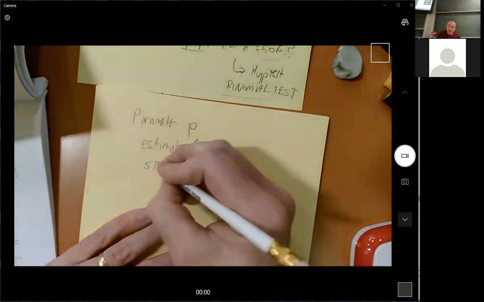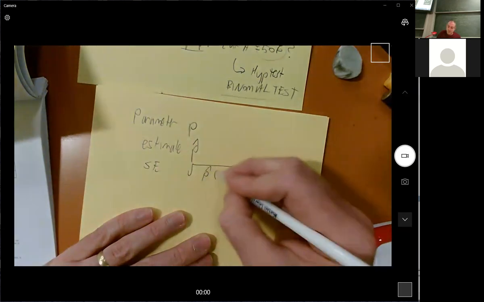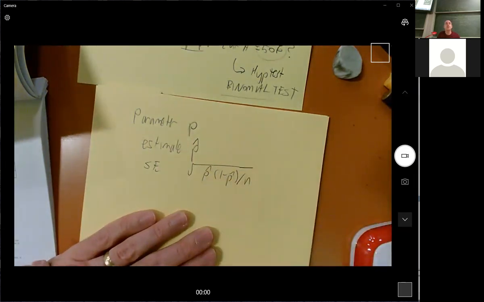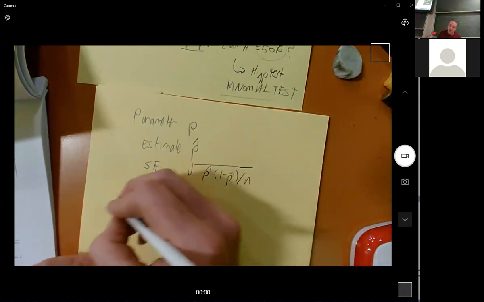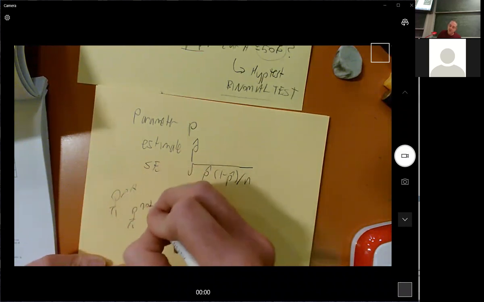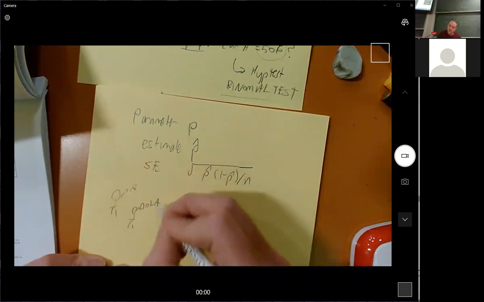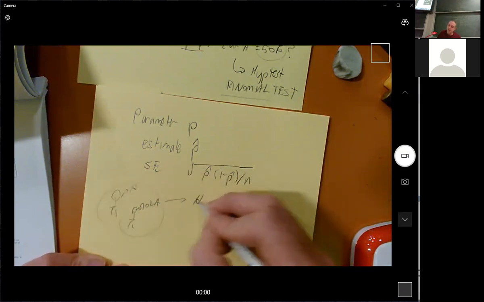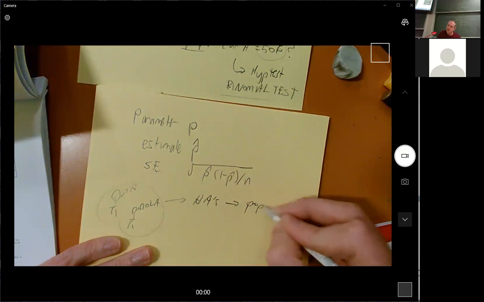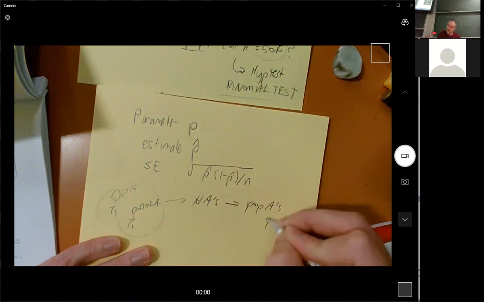And the standard error is... and here we go. I've got all my individuals. Some of them are in A and some of them are in not A. Right, and I count the number of A's. And actually what I want is the proportion of A's, which is what the P hat is.